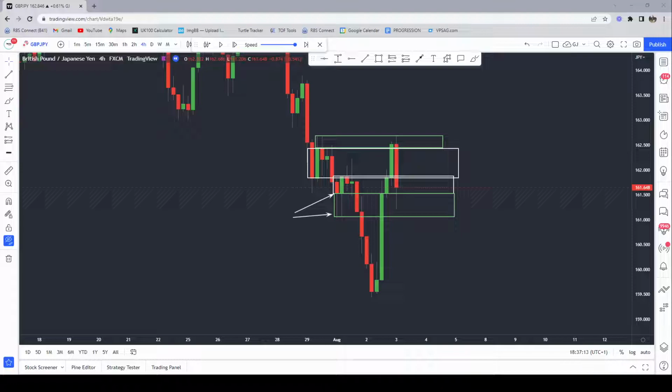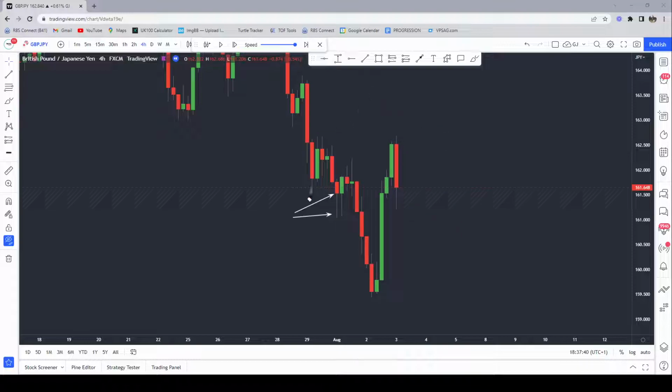What would be a stronger confirmation would be a close outside and above, and then if price pulls back, we can form a higher support above the zone and start to leave the zone, right? That would be ideal. That would be a stronger confirmation, right? However, price doesn't always work like that. Doesn't always give you what you want.